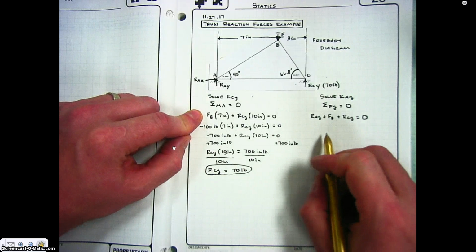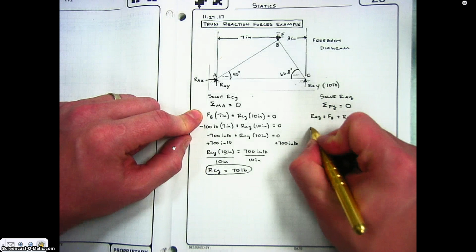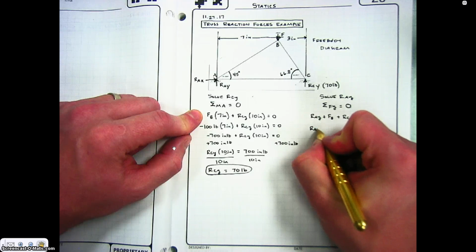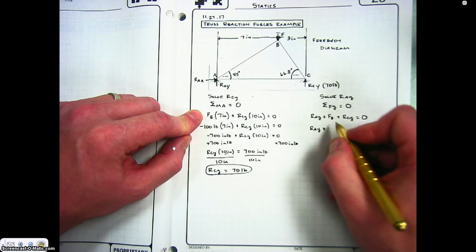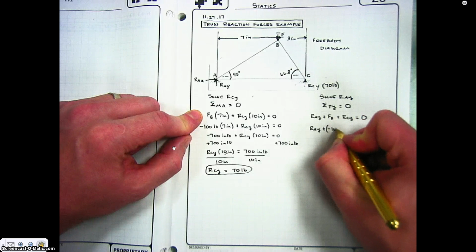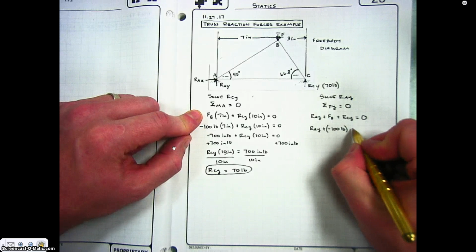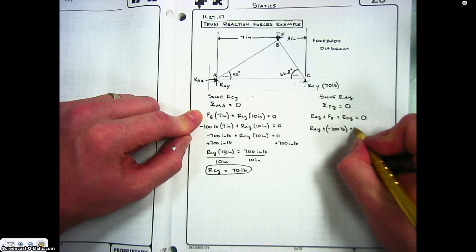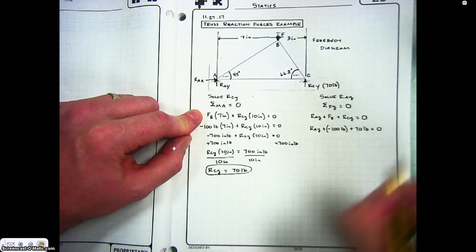Alright, and so now we can plug in some numbers. I don't know RAY, the reaction force at A in the y direction. I know the force at B, the applied force. Again, it's negative 100 pounds because it's going down. And I know the reaction force at C in the y direction. It's 70 pounds. All of those things have to equal 0.